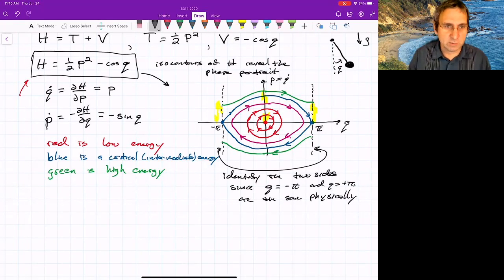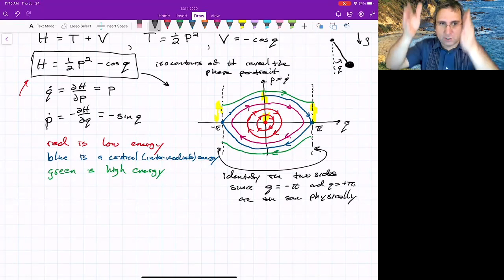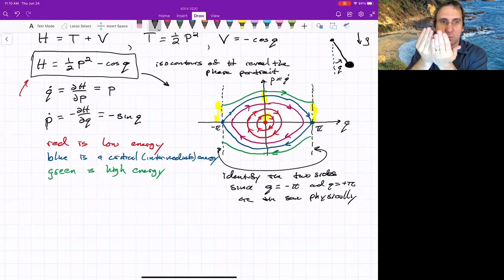We could take that even further. If you imagine taking the screen, printing it out, and then cutting along those dashed lines at plus or minus pi and folding it over, you get a cylinder.